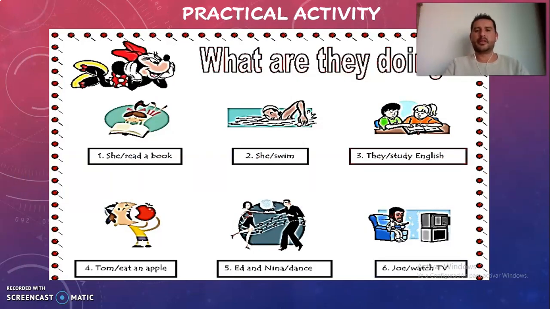After that, a practical activity where they have to use the subjects, verbs, and complements to create or to write or express different sentences in present continuous or progressive, but in affirmative way.